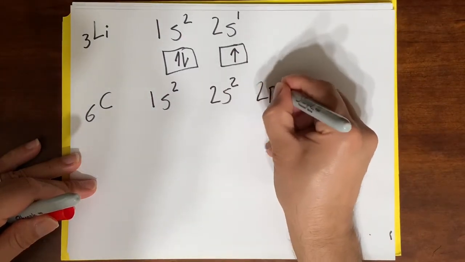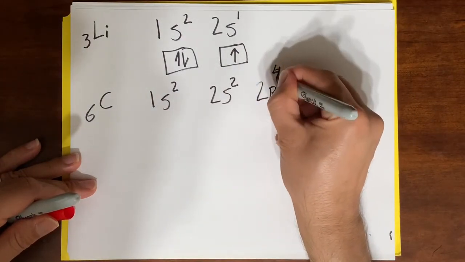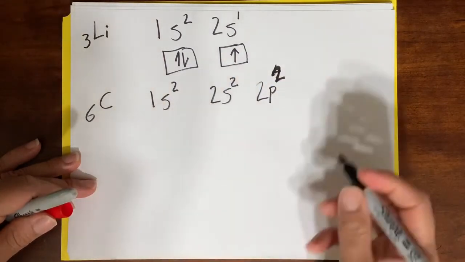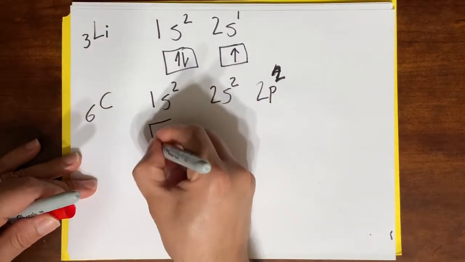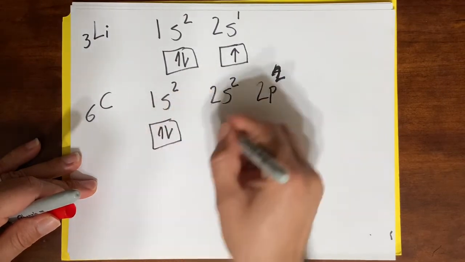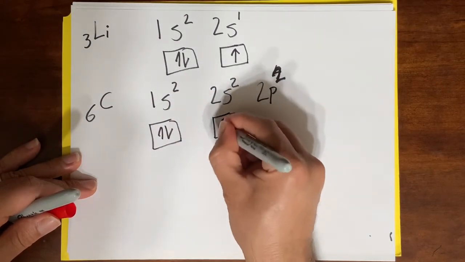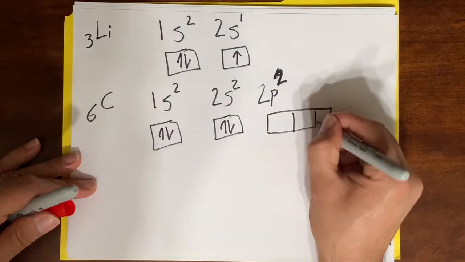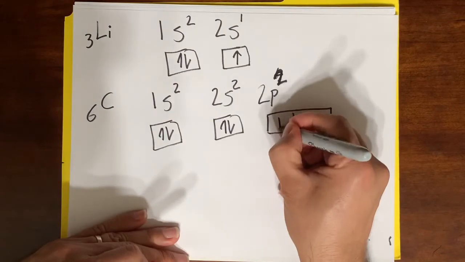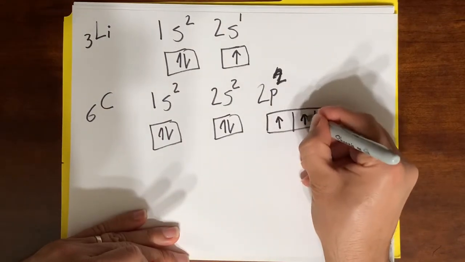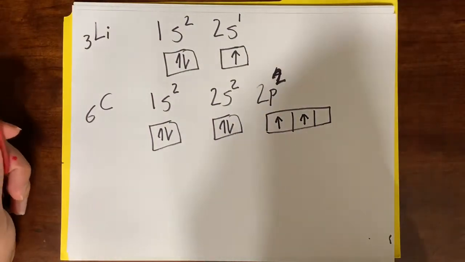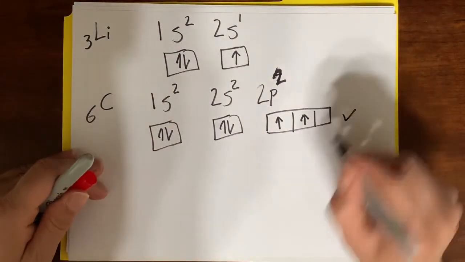Now 2p, sorry, my bad, this one is 2. It's group 4. Let's show the orbitals. We have 2 electrons in 1s, 2 electrons in 2s, and for the p orbitals of carbon, I put 1 electron in each. I do not pair them. So this one will be correct.